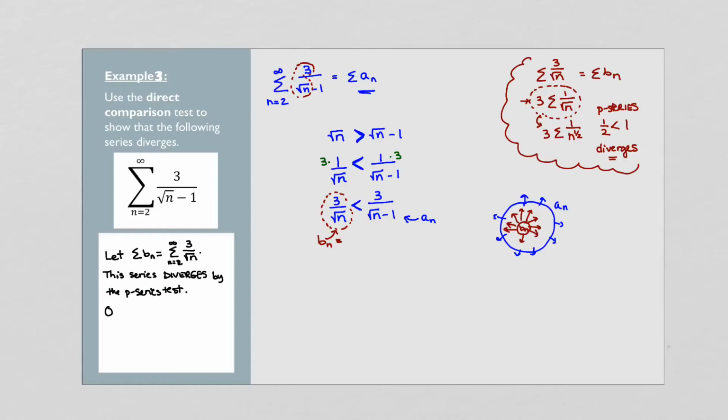We know that 0 is smaller than 3 over the square root of n, which is smaller than 3 over the square root of n minus 1. And those two facts combined tell us, therefore, that our original series n equals 2 to infinity of 3 over the square root of n minus 1 also diverges, just as the b sub n series did. And it diverges by the direct comparison test.